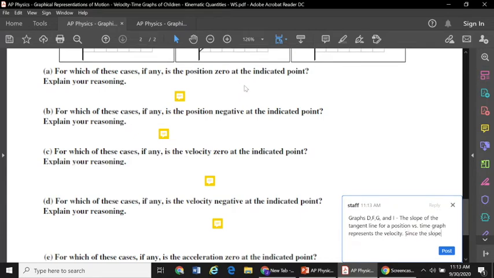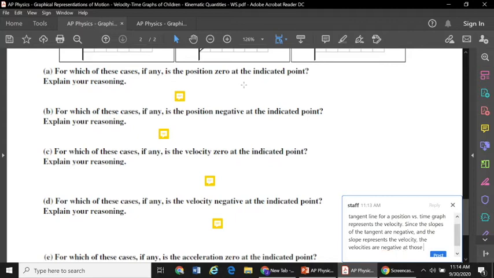Since the slopes of the tangent lines are negative, and the slope represents velocity, the velocities are negative at those points.